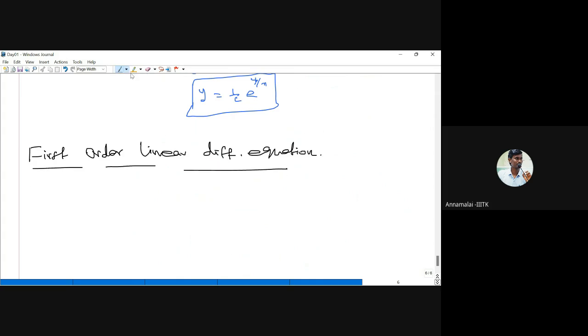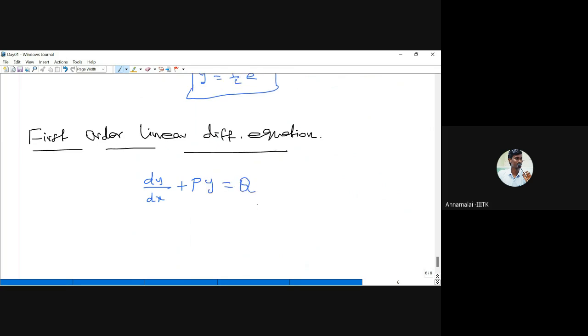Suppose you look at first order differential equations of the form dy by dx plus p times y equal to q. Here we have an extra term with the dependent variable y, which we don't have in the previous two methods, but anyway, we can rewrite into this form.